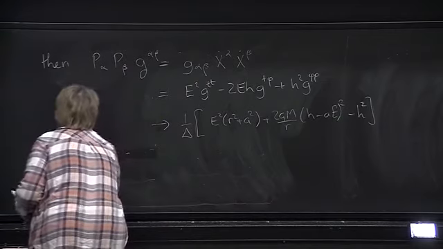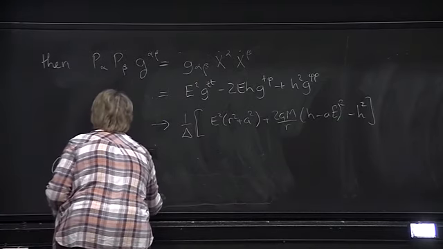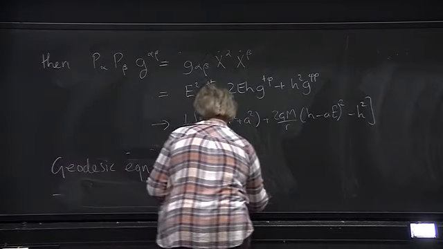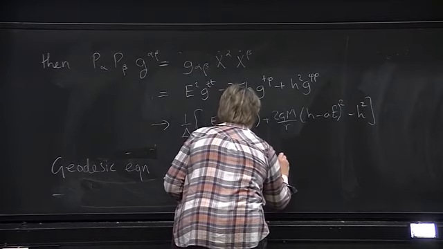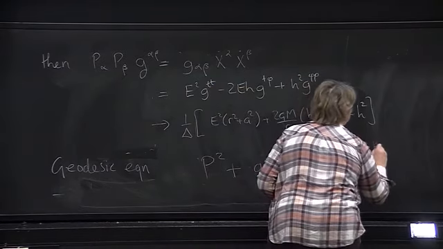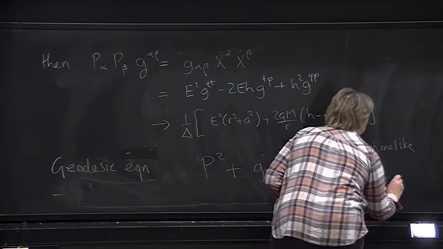So our geodesic equation on the equator is P squared plus g_RR ṙ squared is η, which is 1 if we're time-like, and 0 for null geodesics.